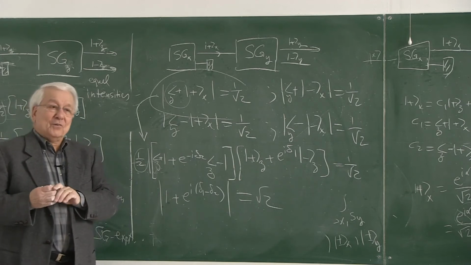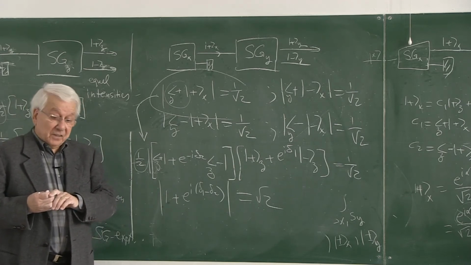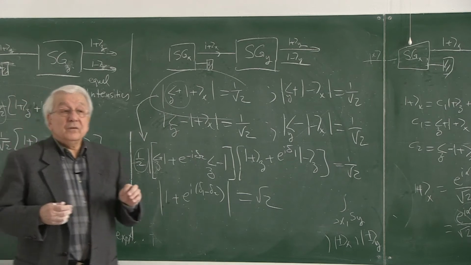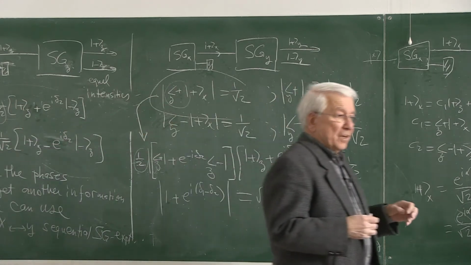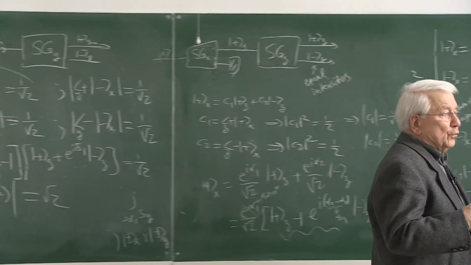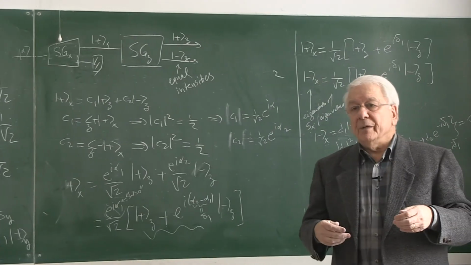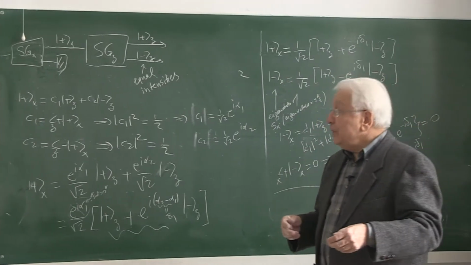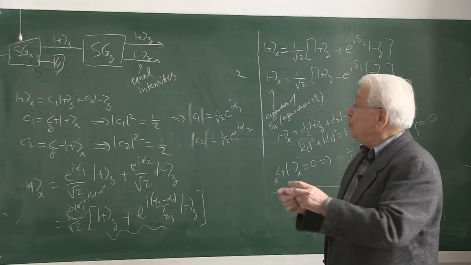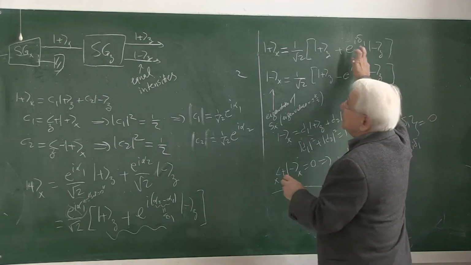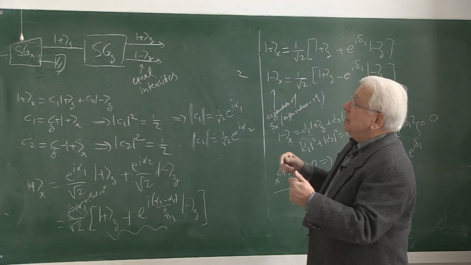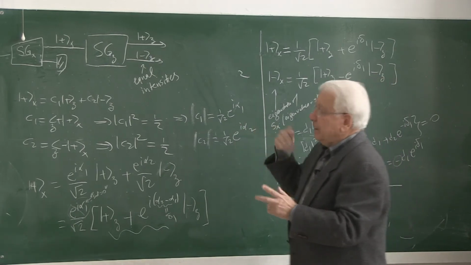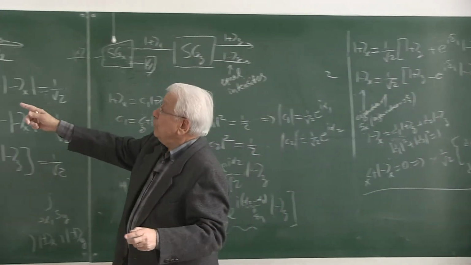Actually, the difference of the phases. There is yet an ambiguity. Quantum mechanics is really strange. There is room for further freedoms, which we call ambiguity. It's not going to determine everything, obviously, because there are two phases entering, one in here and one in there, and you are using only one of the equations.